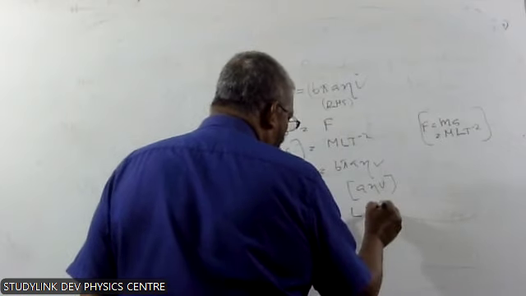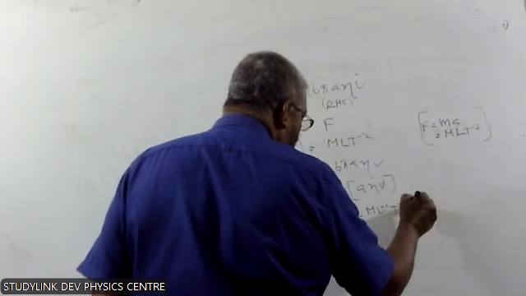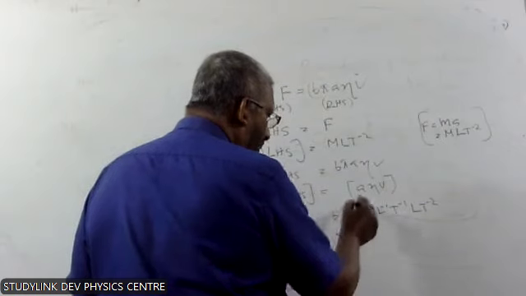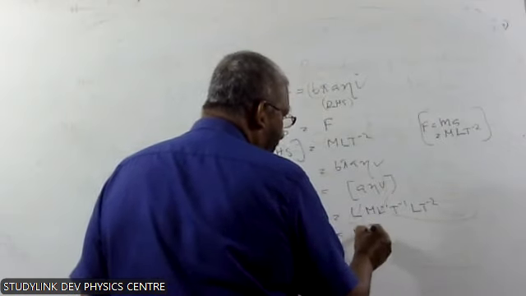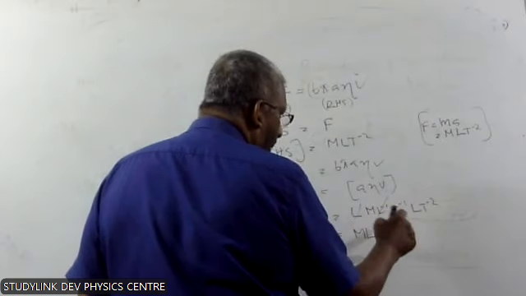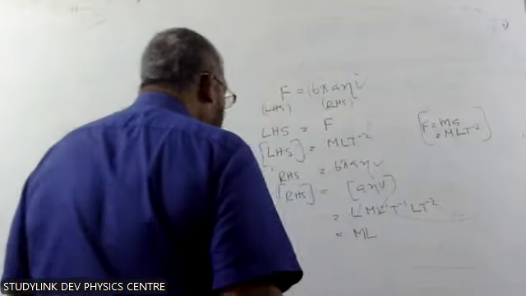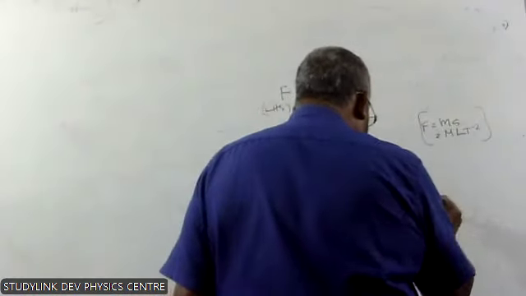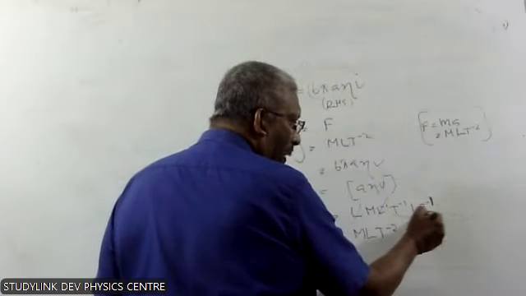Eta is ML minus 1 T minus 1. Velocity is LT minus 1. Now M cancels off. Then 1 M is there, 1 L is there, T minus 1, and velocity LT minus 1, then T minus 2. This is LT minus 1, not 2.